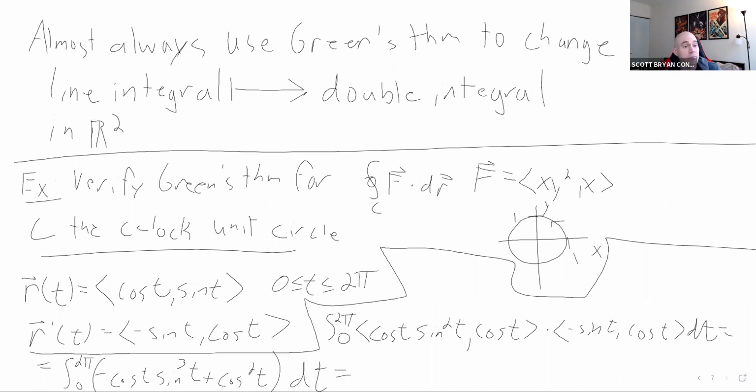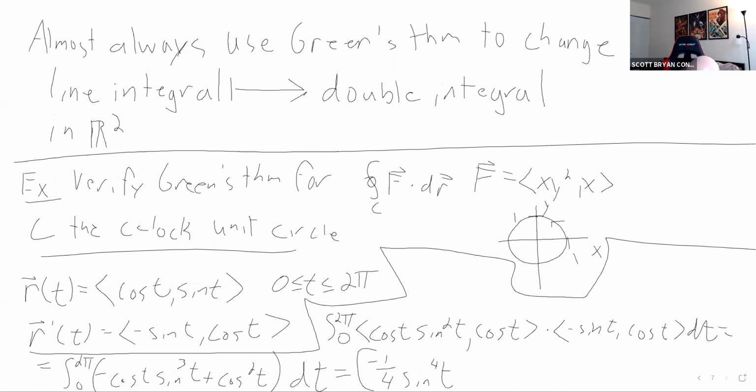And so for the first term we can use substitution, let u be sine t, du is cos t dt, and so we get negative u cubed, which is negative 1/4 u to the 4, so negative 1/4 sine to the 4 t when we integrate that guy. And the cos squared t, we can use a half angle formula to get 1/2 times 1 plus cos 2t.